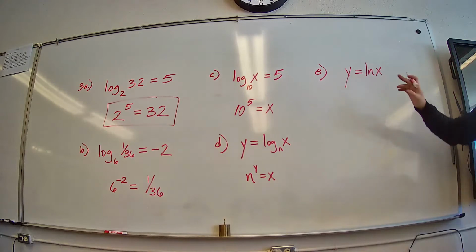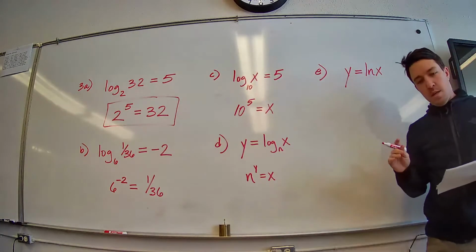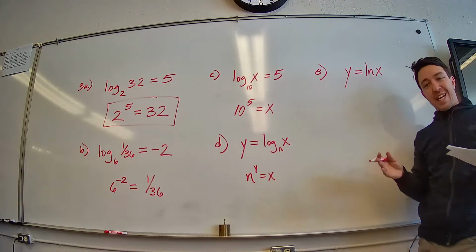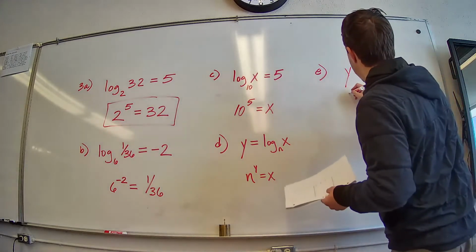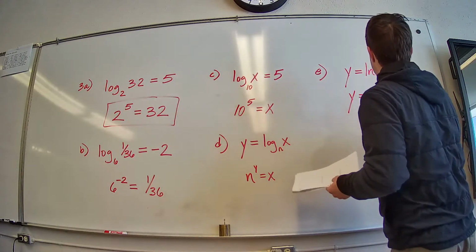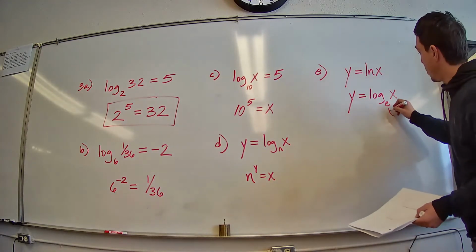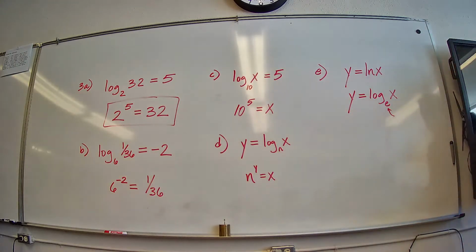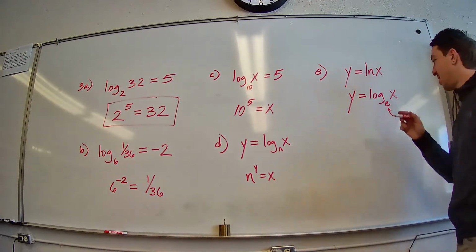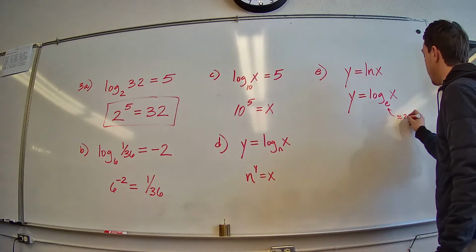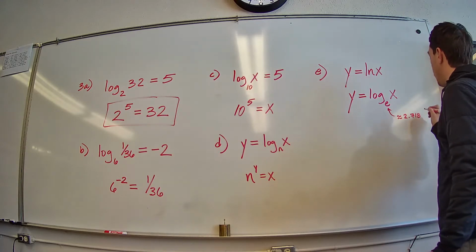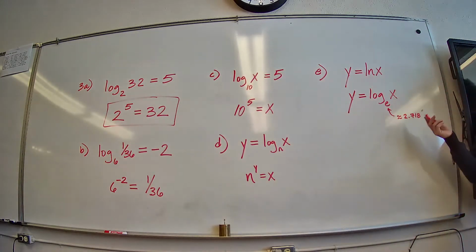All right. There's another special number out there that comes up, like E. So this is the same as saying log base E. Who remembers roughly what it is? It's roughly 2.7. The important thing is that you know it's just a number between 2 and 3.